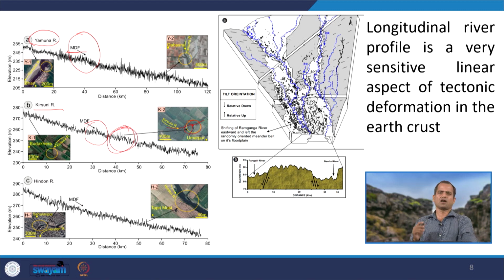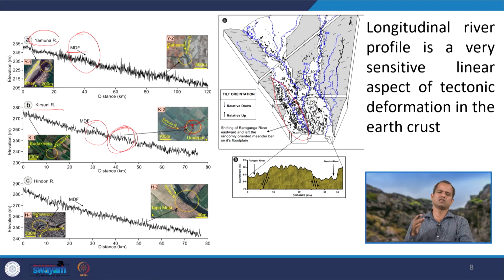So, that means I want to say, when there is no local convexity at all, it is an ideal and undisturbed longitudinal profile of a river. And similarly, there are different rivers in the Ganga plain that have been studied for these neotectonic activities, and different river terraces have been identified based on the population of paleochannels and oxbow lakes present there.